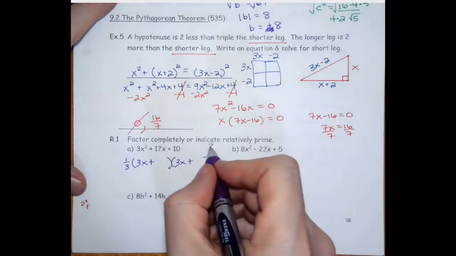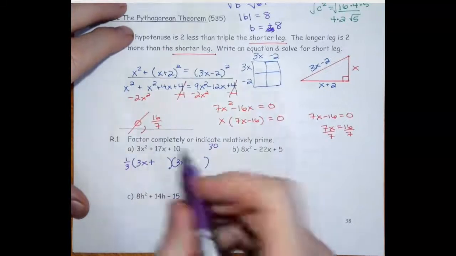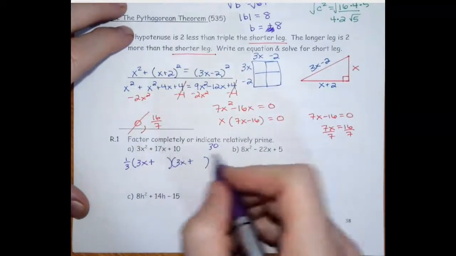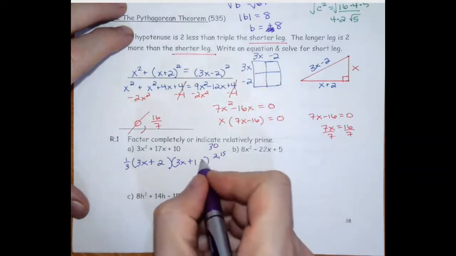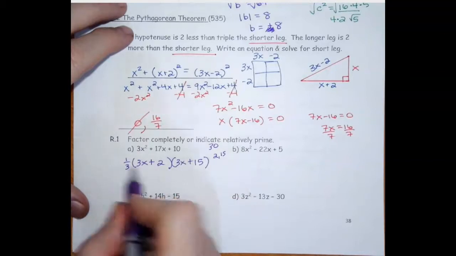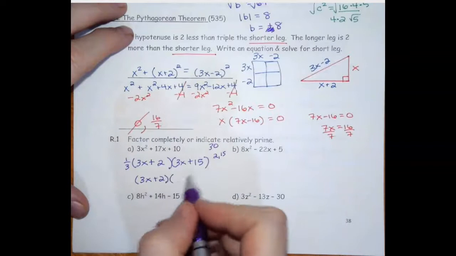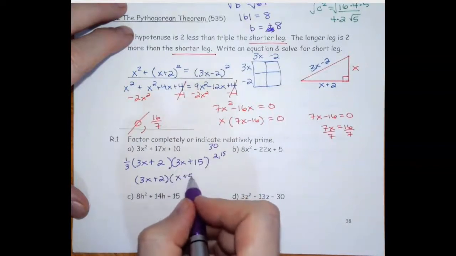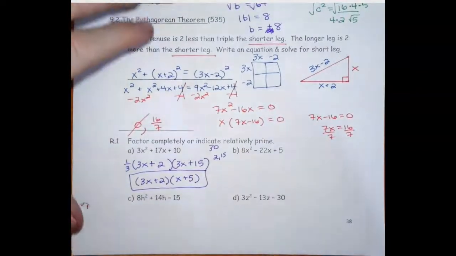This times this is 30, so we need factors of 30 that add up to 17. 1 and 30 definitely not going to work. 2 and 15 looks good. 2 plus 15 is 17. Now we're going to factor out the GCF out of here, and that should cancel this out, which it does. So we just have 3x plus 2 and x plus 5. Okay?